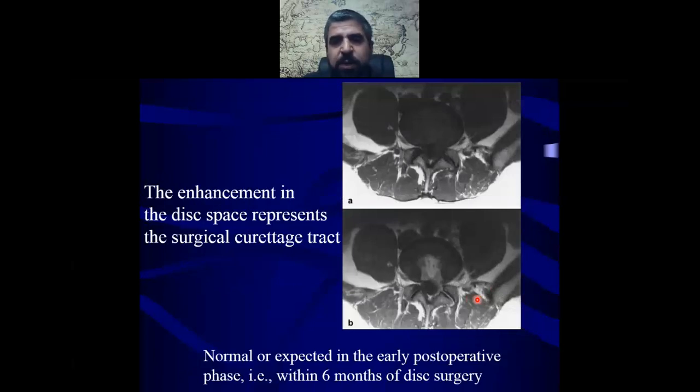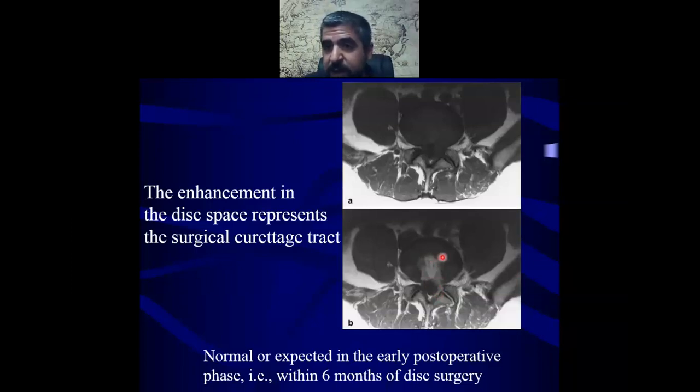Now, let's look here. What's going on? This is a T1 without contrast, and this is a T1 post-contrast. You can see there is some homogeneous enhancement in the epidural space, or the tissues around the thecal sac. This is expected fibrosis or scarring post-operatively, especially in the first 6 months.